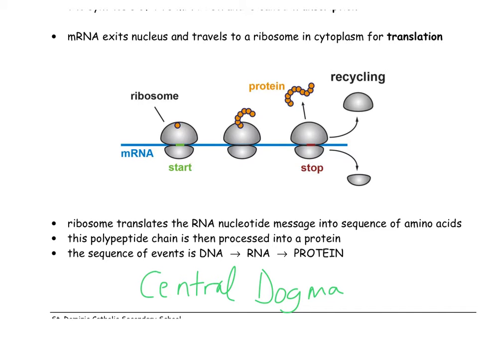So that central dogma is that DNA becomes RNA, which becomes protein. That's it. But the process by which that happens: DNA to RNA, what is that process called? Transcription. And then RNA to protein, that change involves translation.